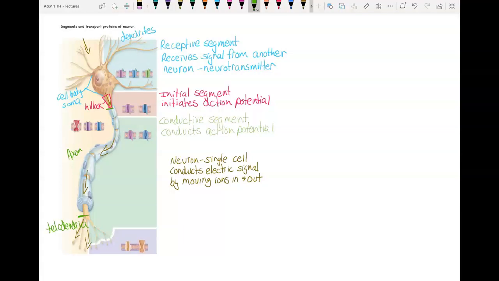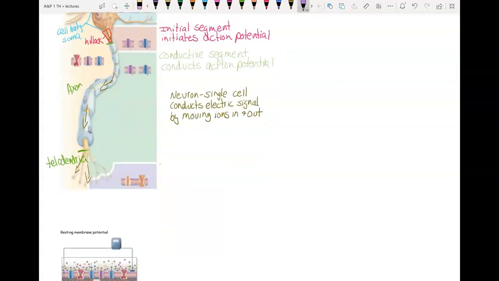Then the last part here in the purple is our transmissive segment. It transmits the signal to either another neuron or the effector.